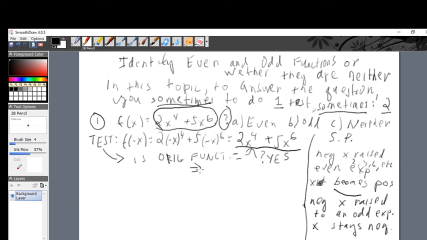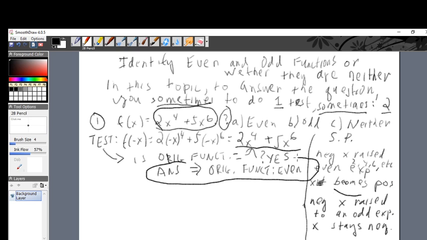Therefore, the original function is even. That's your answer. We've identified whether it's even, odd, or neither. This function is even.